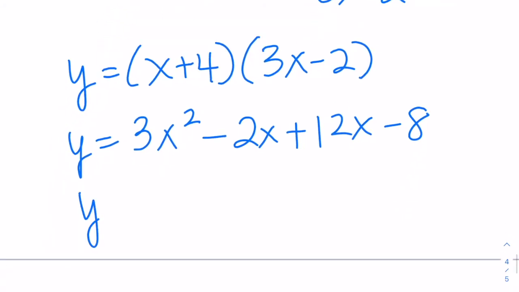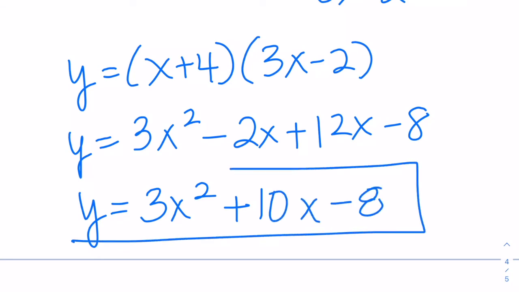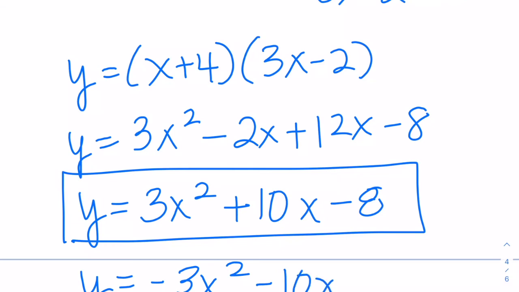So essentially the equation will be 3x squared plus 10x minus 8. That's going to be the positive. To find the negative, we're going to have to multiply everything by a negative. So essentially it'll be y equals negative 3x squared minus 10x plus 8.